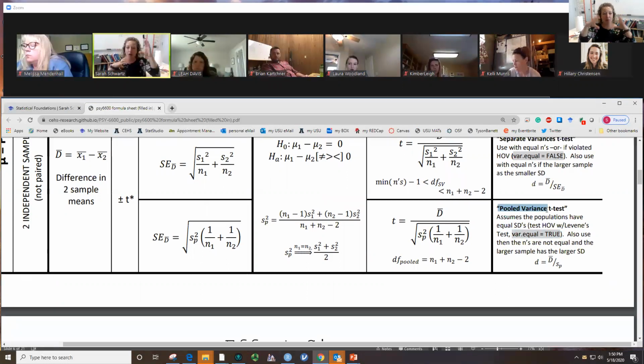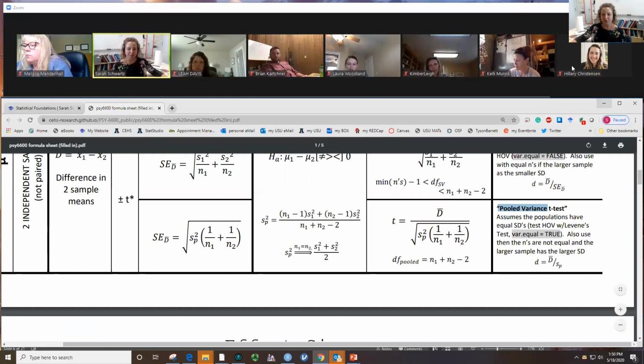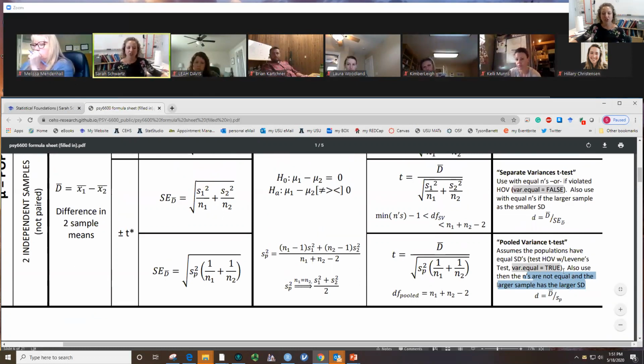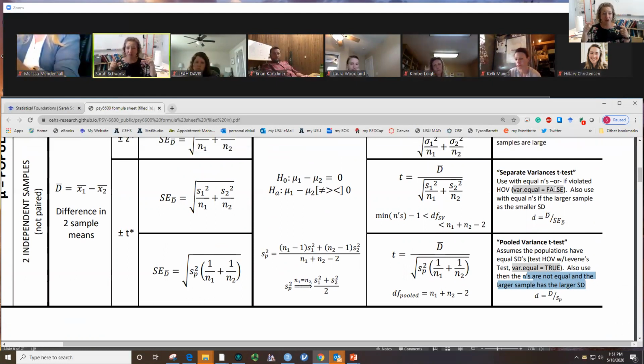Because the spreads are about the same, we can pool them to get a more accurate estimate. Also, we can do this when the sample sizes are not equal and the larger sample has the larger standard deviation. So you have two independent groups, and you have to decide which version of this test you're going to do. It's based on sample sizes being equal or not equal and spreads being equal or not equal.